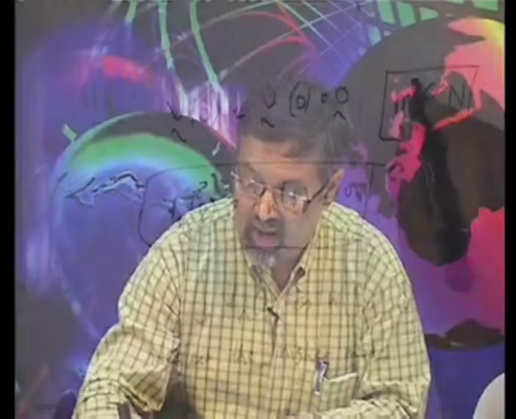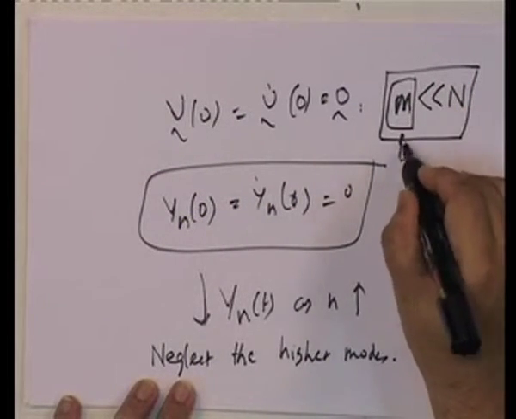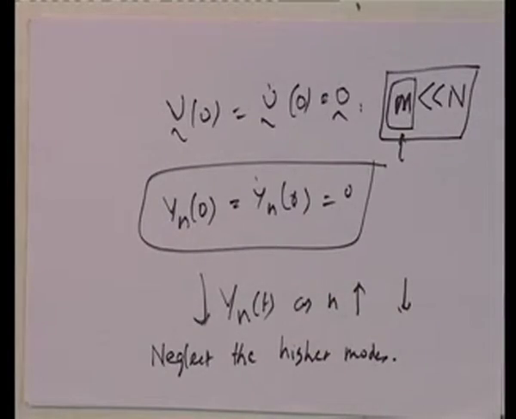So, you take a system which is actually 1000 coupled linear differential equations, and you make it into just 5 or 6 single degree of freedom systems, because the higher modes are not excited, and the number of modes that are excited, m, is typically of the order of 5 or 6, even if it is 1000 degrees of freedom.